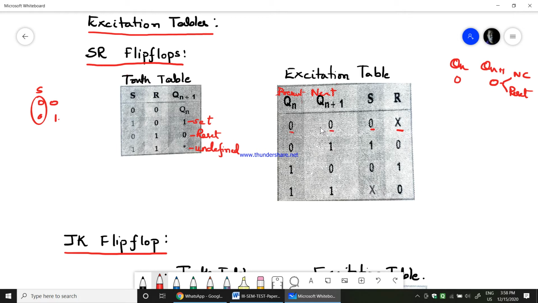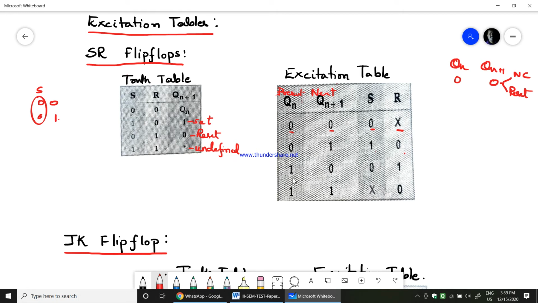Similarly, when the present state is 0 and the next state is 1, this can happen in only one single condition, which is the set state, when S equals 1 and R equals 0. Only then will the next state become 1 if the present state is 0. Therefore that would be the next entry.